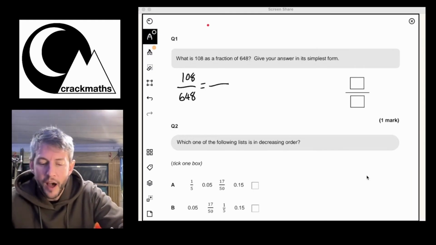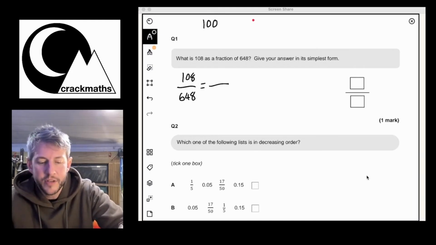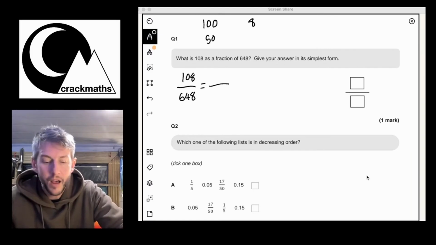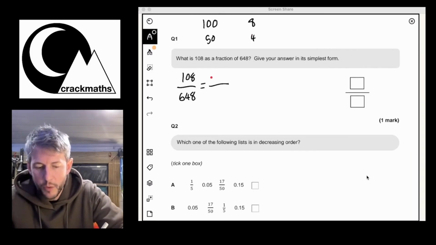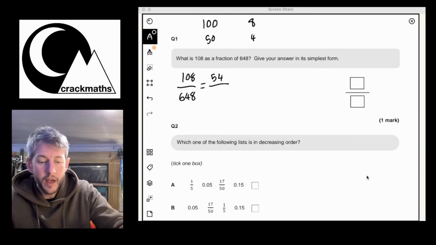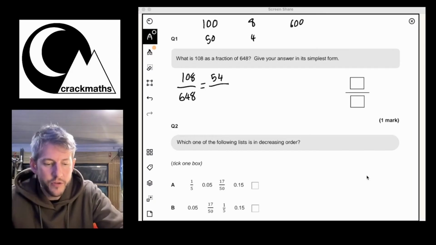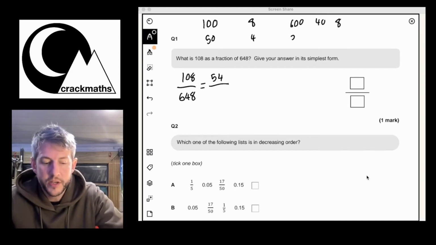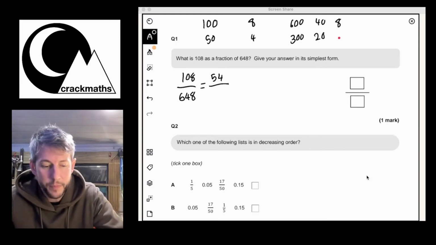So if I'm going to halve 108, half of 100 I know is 50. Half of 8 is 4. So 108 divided by 2 will be 54. 648, I'm going to think about it as 600 divided by 2 is 300. 40 divided by 2 is 20. 8 divided by 2 is 4.